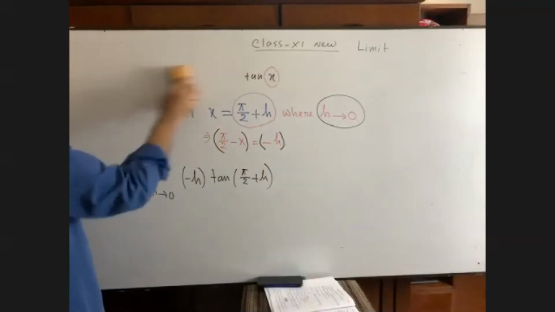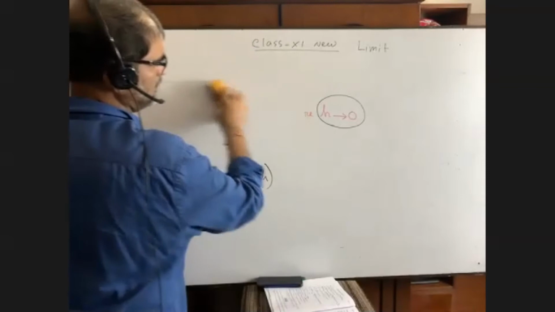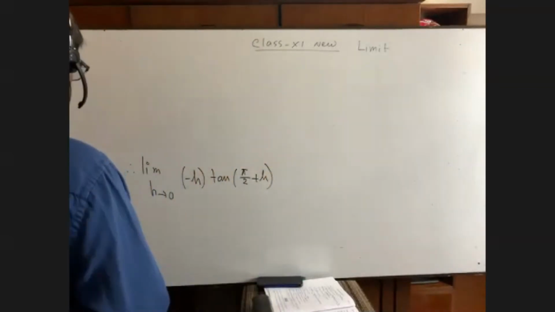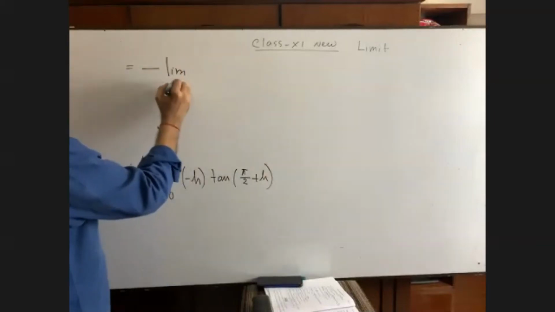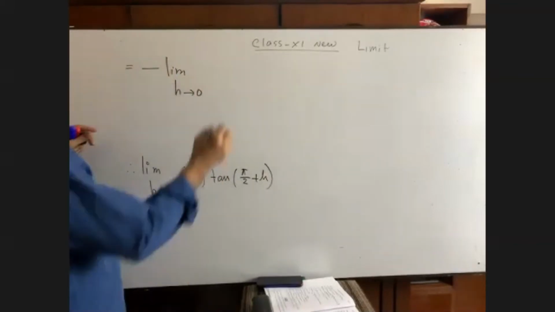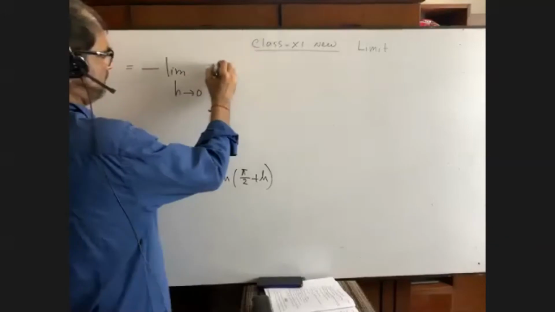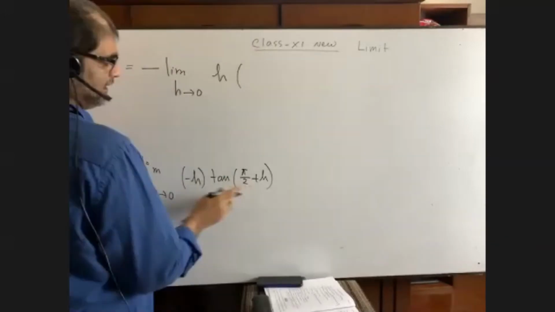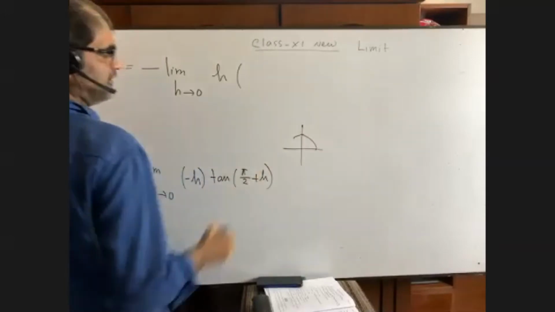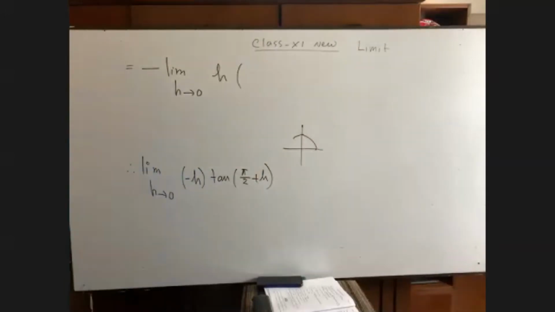Now, this is our math. So this minus, I'm going to write down minus limit h tends to be 0. Can you please calculate it? Which quadrant does it lie? Pi by 2 plus h, that means it is in the second quadrant, where tangent is negative.